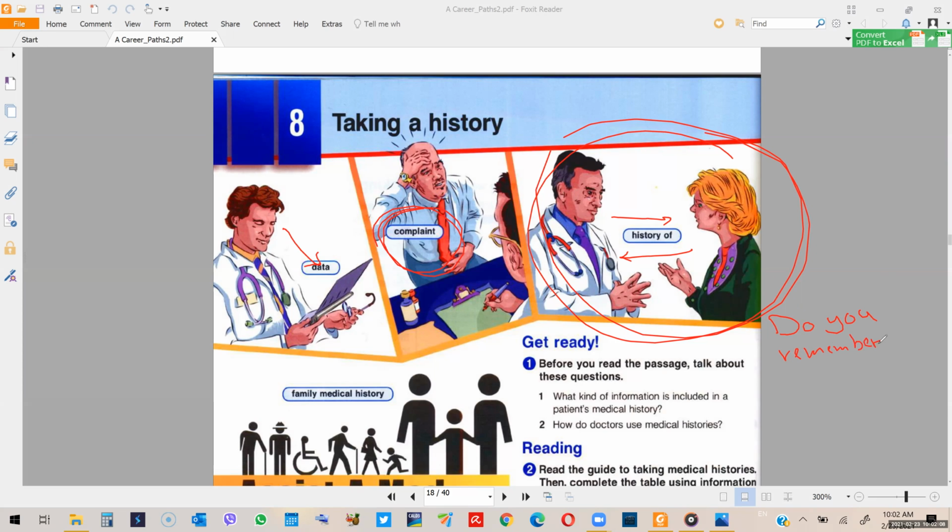Do you remember, for example, when was the last time you saw a doctor? Or do you remember again, when was the last time you felt this pain? So you ask a question starting with do you remember.